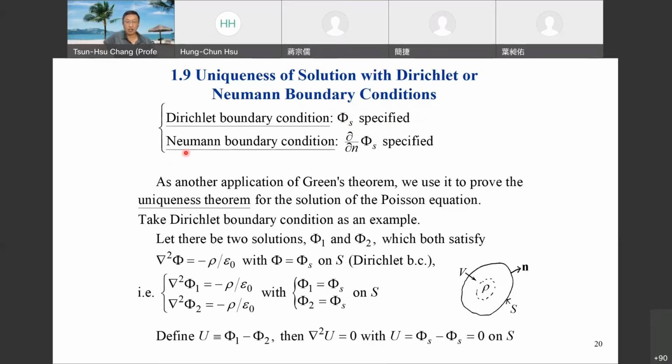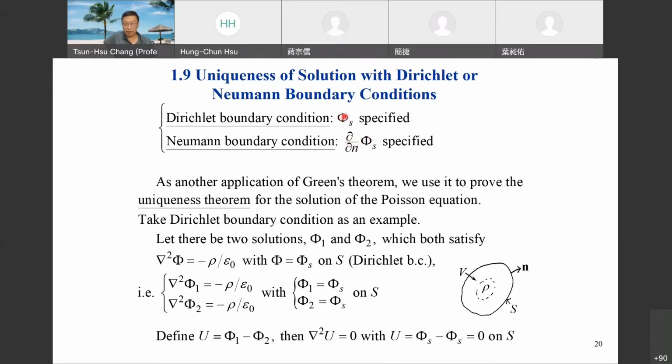Another one is Neumann boundary conditions. That is the normal component of the change of potential.